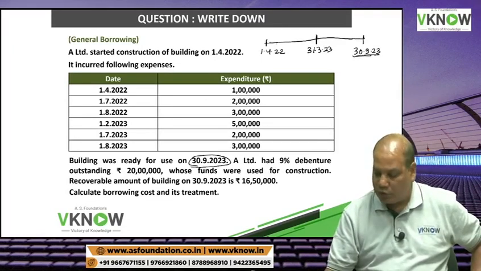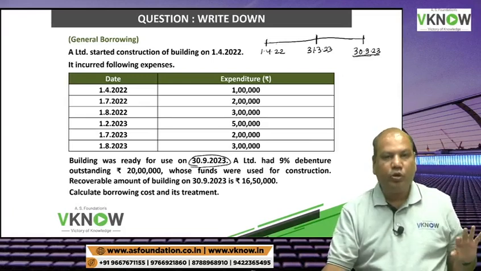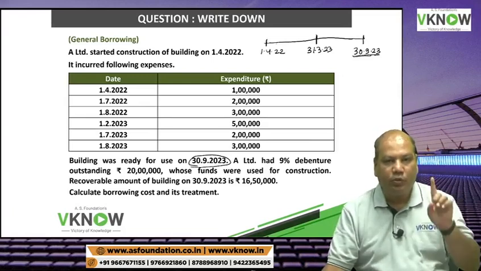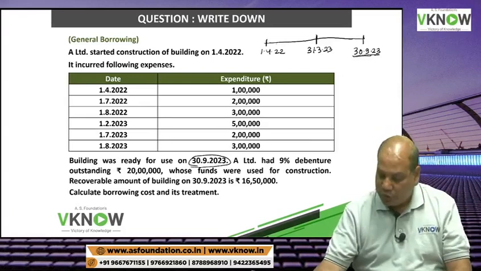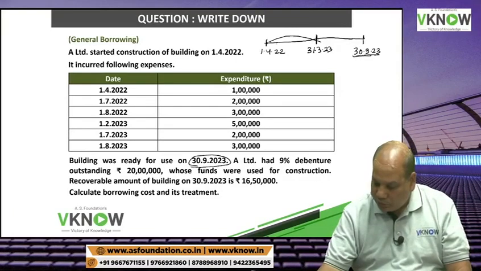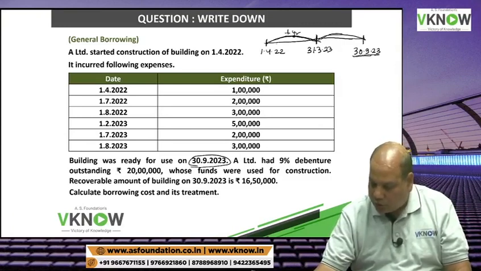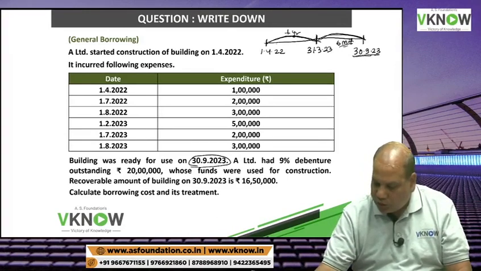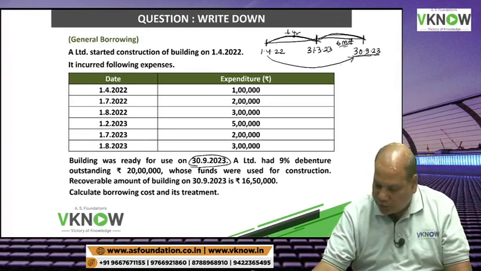A new type of question. In most of the previous questions, you have done calculation for 1 year only. In this question, we'll have to do calculation for the first 1 year, and again for 6 months. Total time taken for construction activity is 18 months.